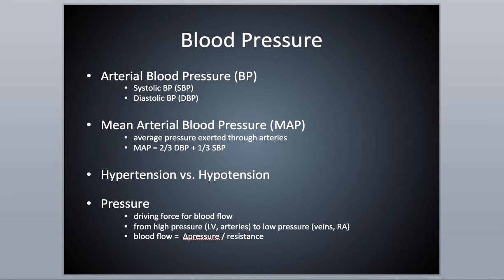Now, the pressure is going to be the driving force for the blood flow. The heart's going to contract forcefully, giving it that drive to be pumped out through the rest of the body. And it's always going to go from a high pressure to a low pressure. That high pressure is going to be in the left ventricle and also in the arteries, especially in the aorta. And it's going to go to a low pressure in the veins and then to the right atria.